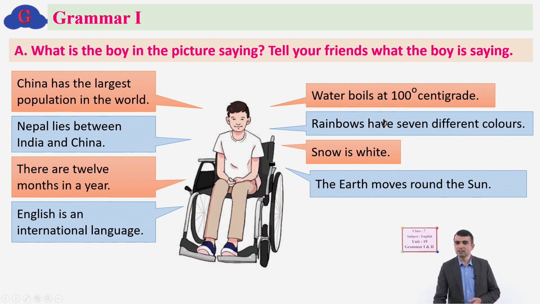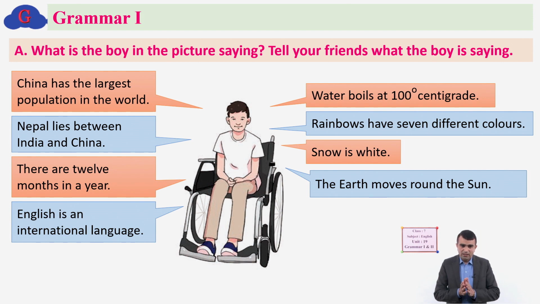Next, water boils at 100 degrees centigrade. Next, rainbows have 7 different colors. Second last one, snow is white. And the last thing he says is, the earth moves around the sun. These are the things the boy is saying.